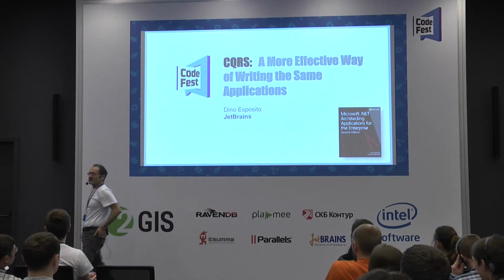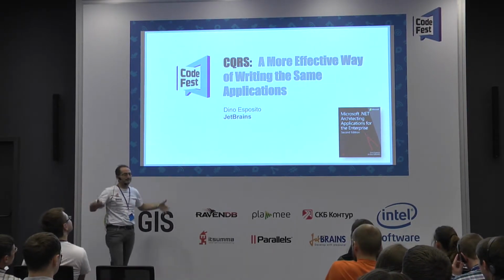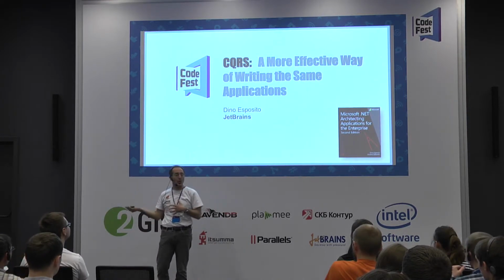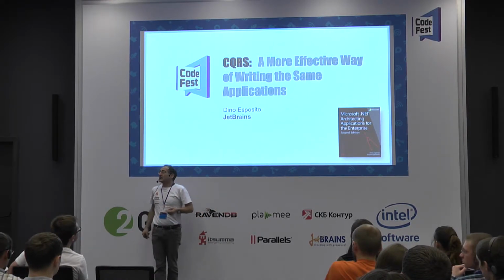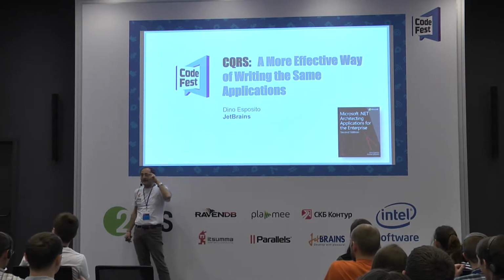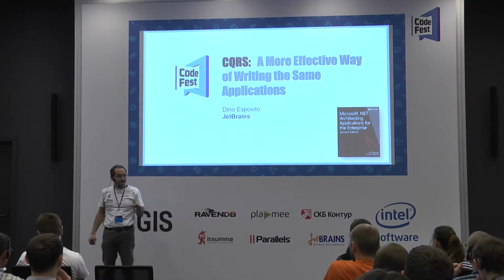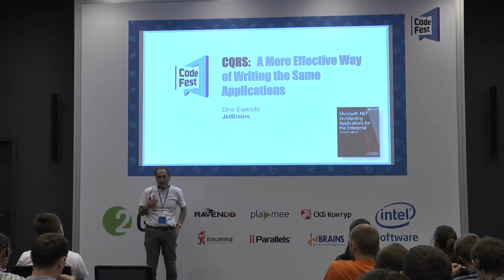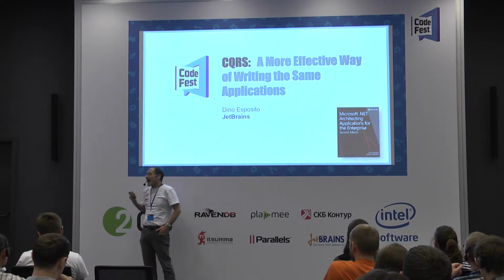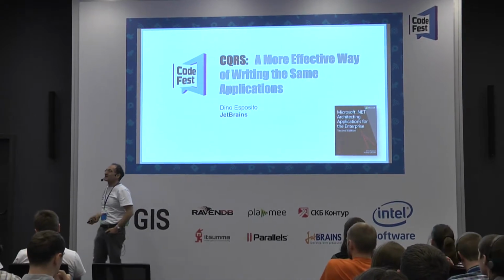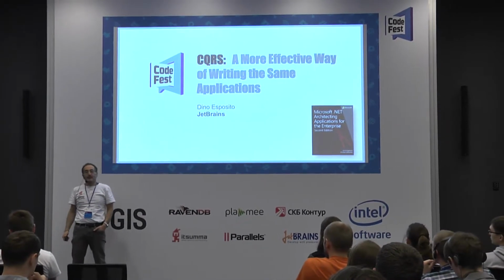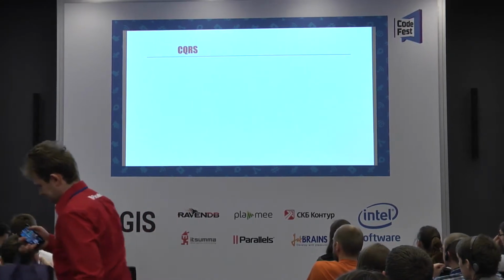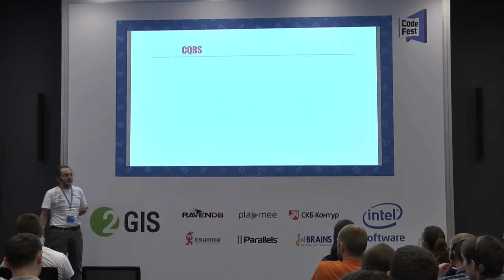CQRS. CQRS is an acronym for something that means all and nothing. What I'm going to present now is essentially in which way it represents a more effective way for writing the same applications that we write today.